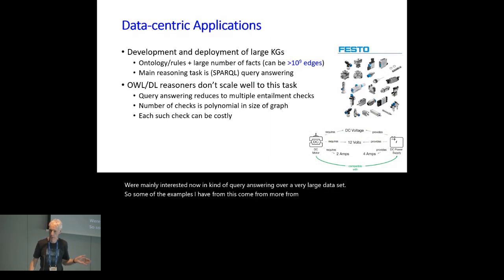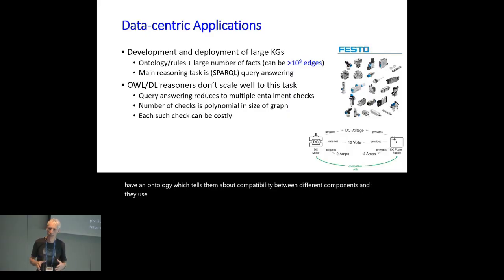We have a customer for the company, Festo, a German manufacturer of production line equipment, and they have a huge number of components, and an ontology which tells them about compatibility between different components, and they use that in the design of production lines for a customer.